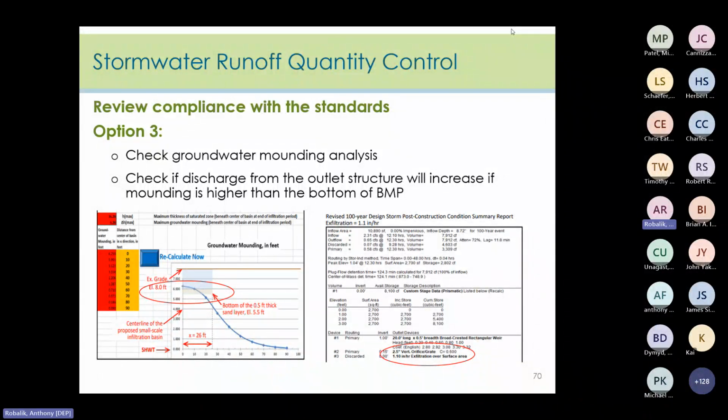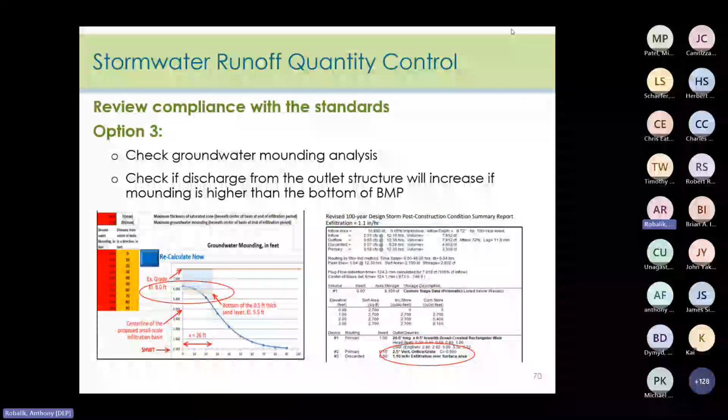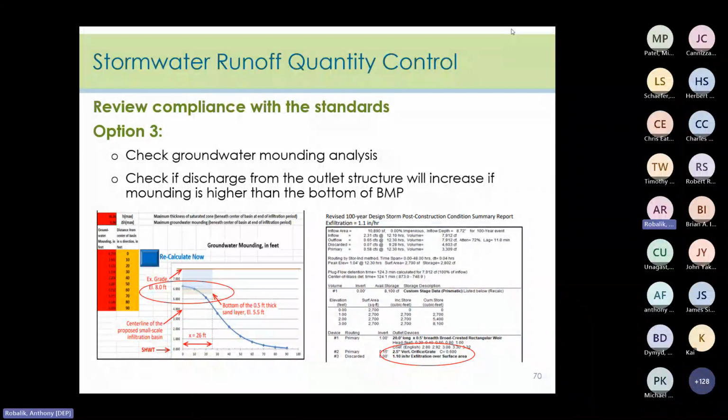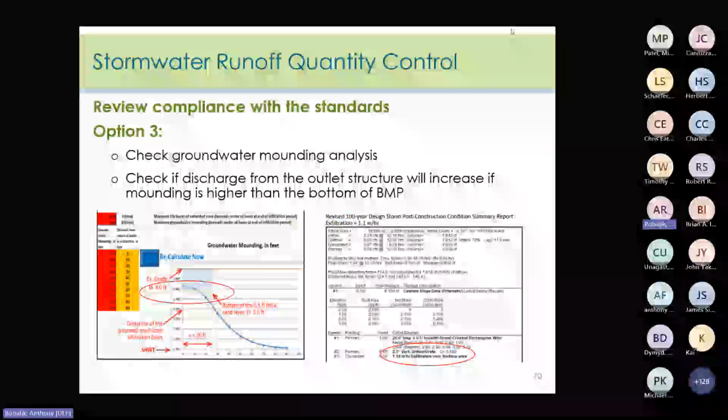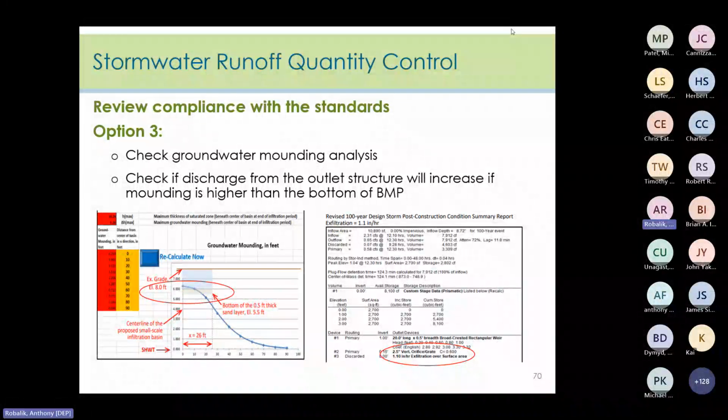Often the groundwater mounding analysis will show the mounding as rising above the bottom of the BMP, which means that the runoff discarded through the basin bottom into the subsoil is reduced from what is assumed in the routing calculation. If this is the case, then the routing calculation must be adjusted to use a smaller exfiltration rate, which will result in more flow being discharged through an outlet control structure.